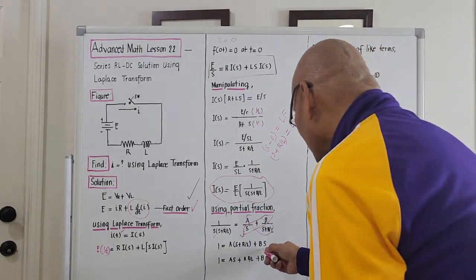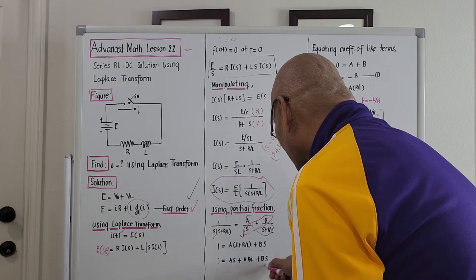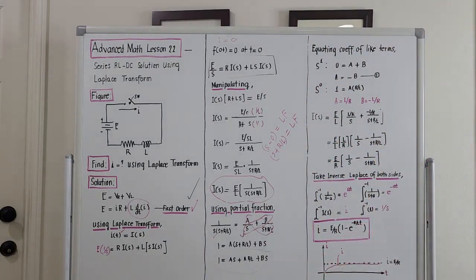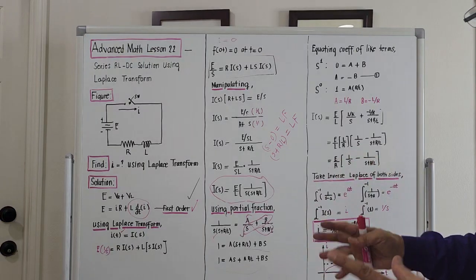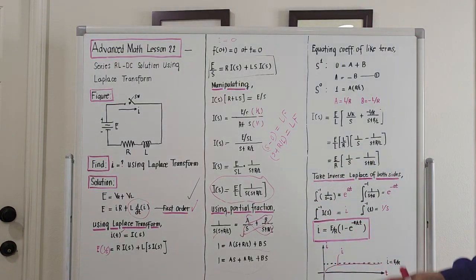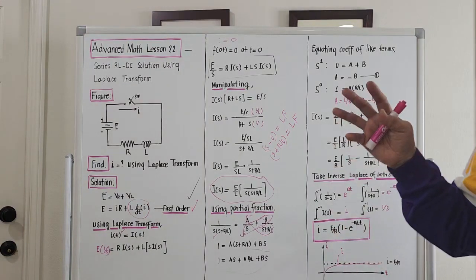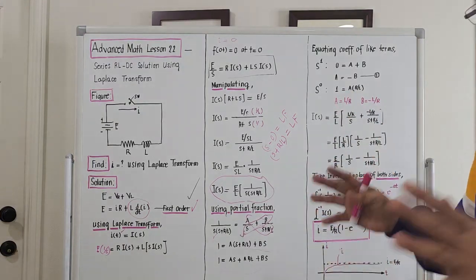So this is now the resulting linear equation involving the unknown constants A and B. And to compute for the unknown constants A and B, that's why I told you guys, one of the prerequisites of advanced mathematics is algebra.